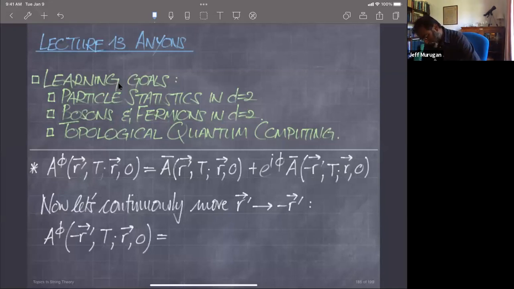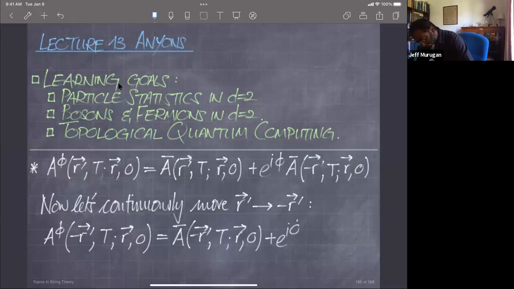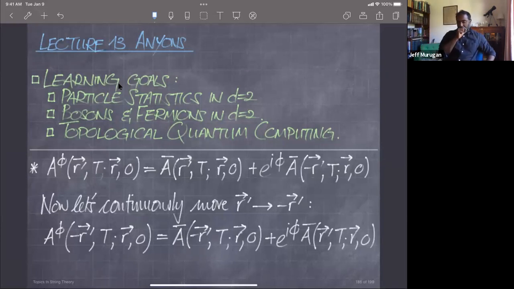And everywhere I see an R prime, I change it to minus R prime. So that looks like that.